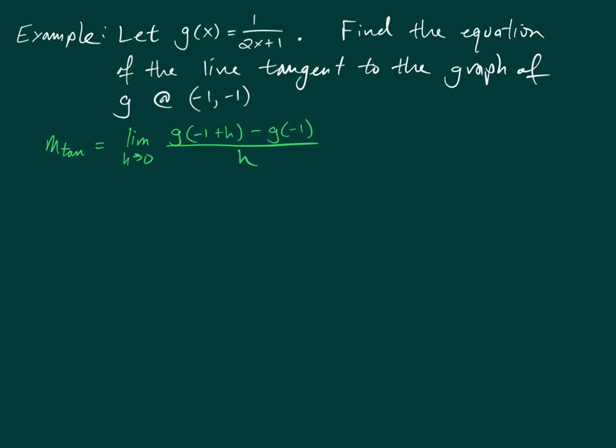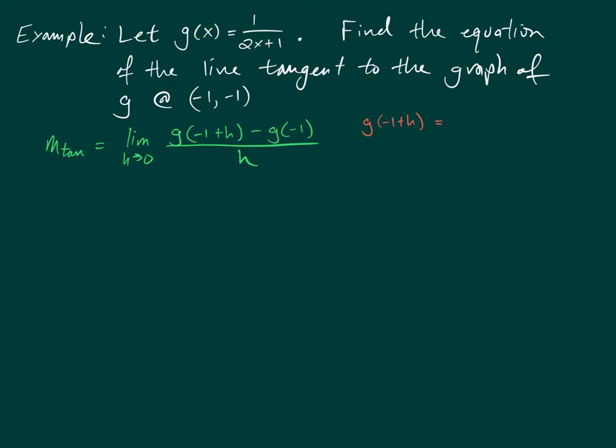Now, in order to continue this limit, we need to figure out what g of -1 plus h is and what g of -1 is. So over here to the right, I'm going to write down g of -1 plus h. Well, up here in the function, if x gets replaced with -1 plus h, so does this x.